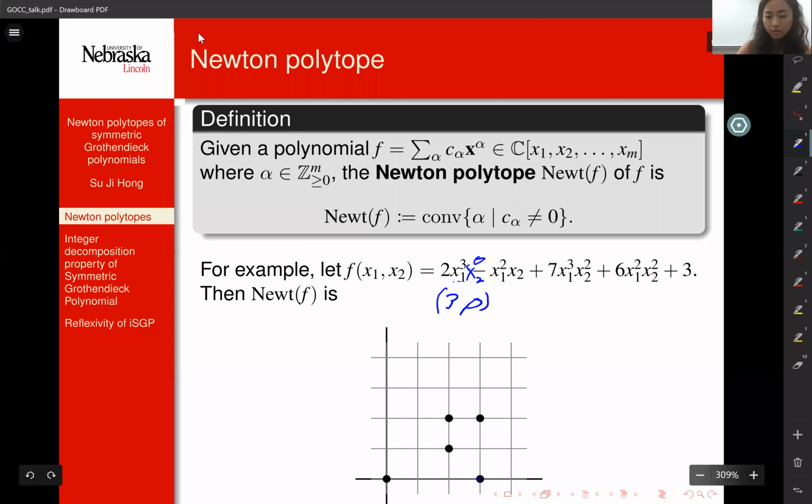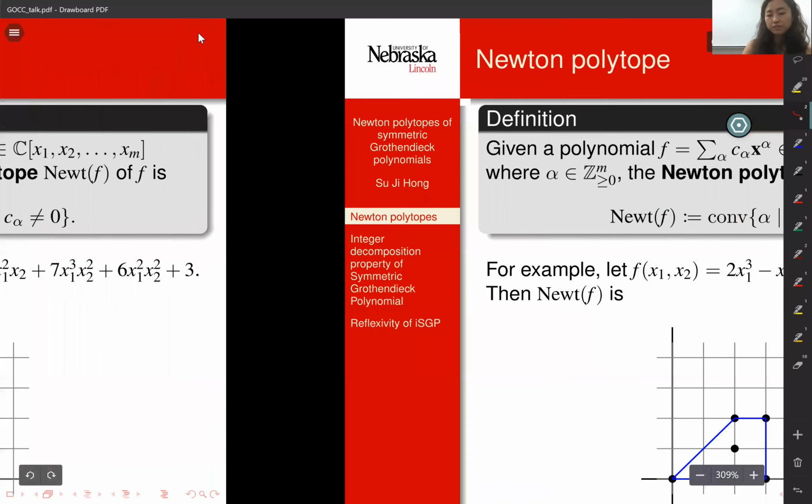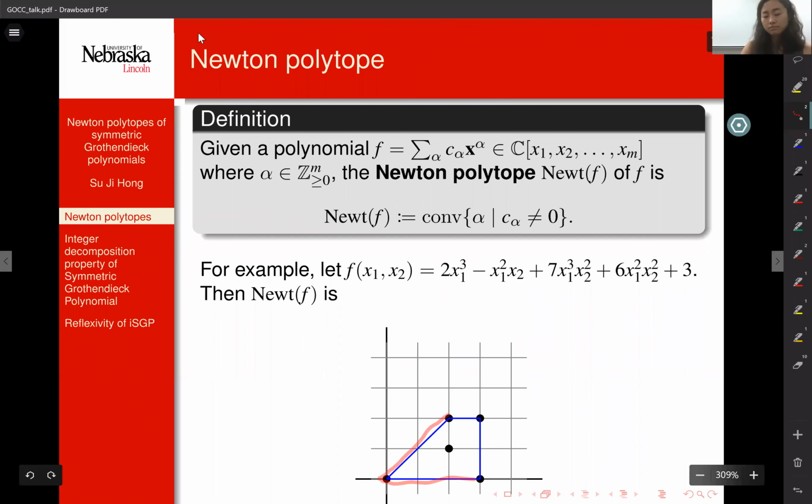So that corresponds to this point right here. All these terms correspond to these points, and then we take the convex hull of this, which gives us this polygon. That's the Newton polytope of this function f.